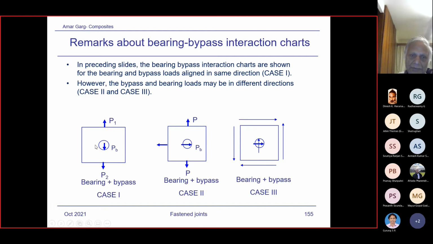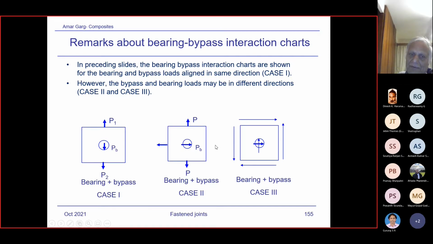Okay, I've just written some comments about the interaction charts. In preceding slides, the bearing bypass interaction charts are shown for the bearing bypass loads aligned in the same direction. Now, life is not so simple. In actual structures, you would have the multi-axial loading.